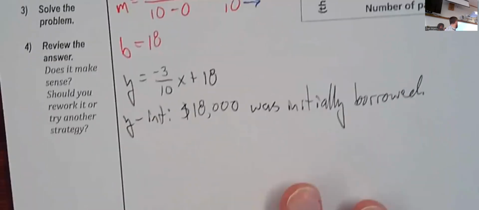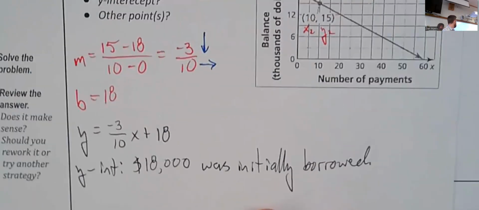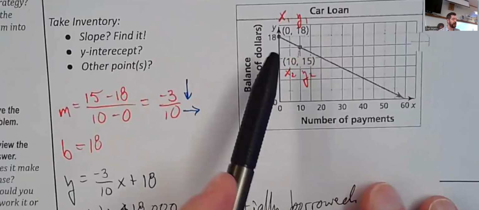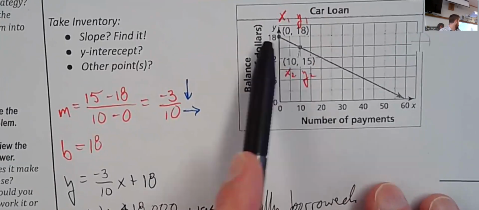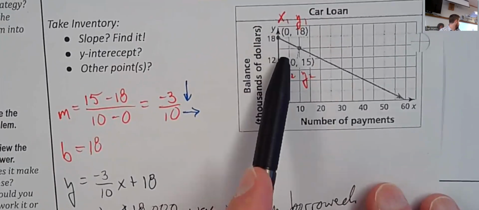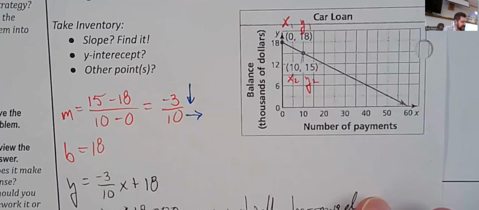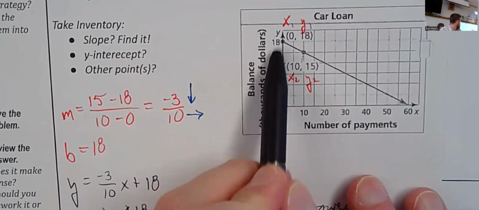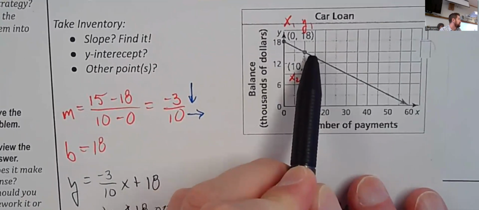So it definitely helps us figure out the number of payments. Number of payments is just the x value. So if we go down 3 on the y, we go over 10 on the x. So that relates the amount of money the person still owes versus how many payments have been made.